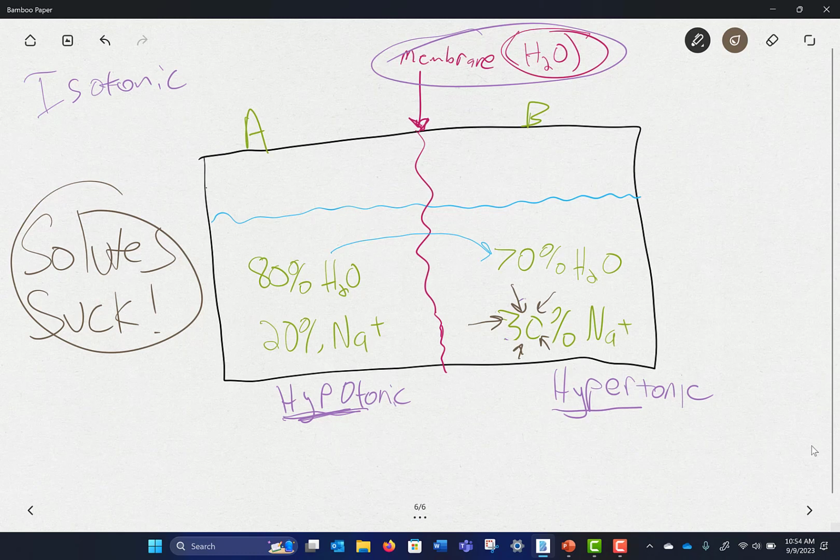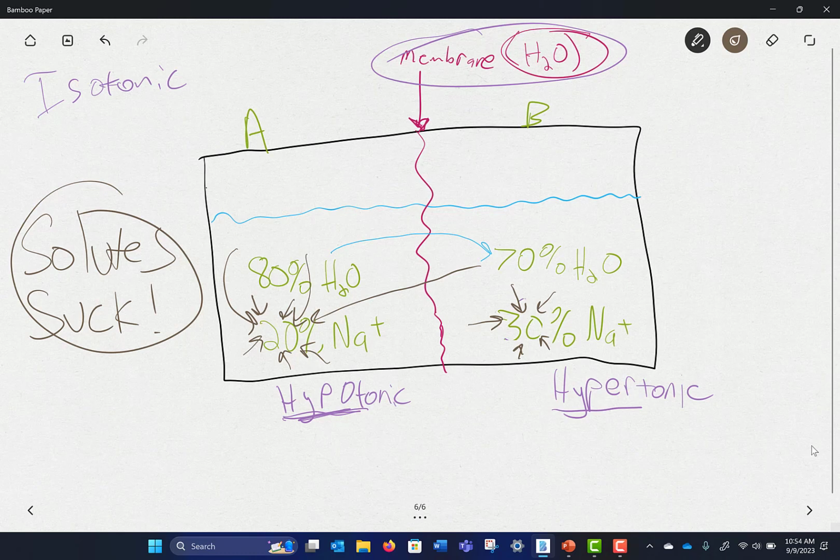These sodium are sucking water towards themselves. And over here on side A, there's sodium dissolved there too, and it is sucking water towards themselves. This sodium on side A is sucking water towards itself. It is also sucking water from side B towards itself.